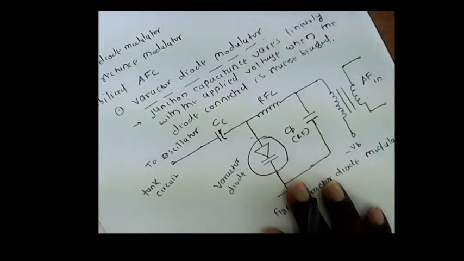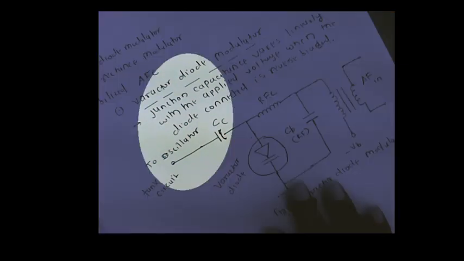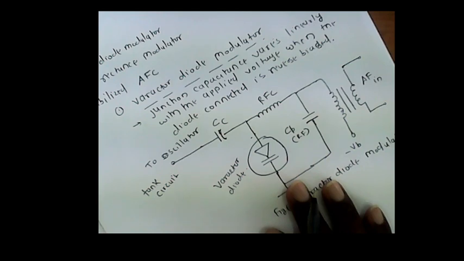Although this is the simplest reactance modulator, its disadvantage is that, being a two terminal device, its application is somewhat limited, so it is often used for automatic frequency control and remote tuning.